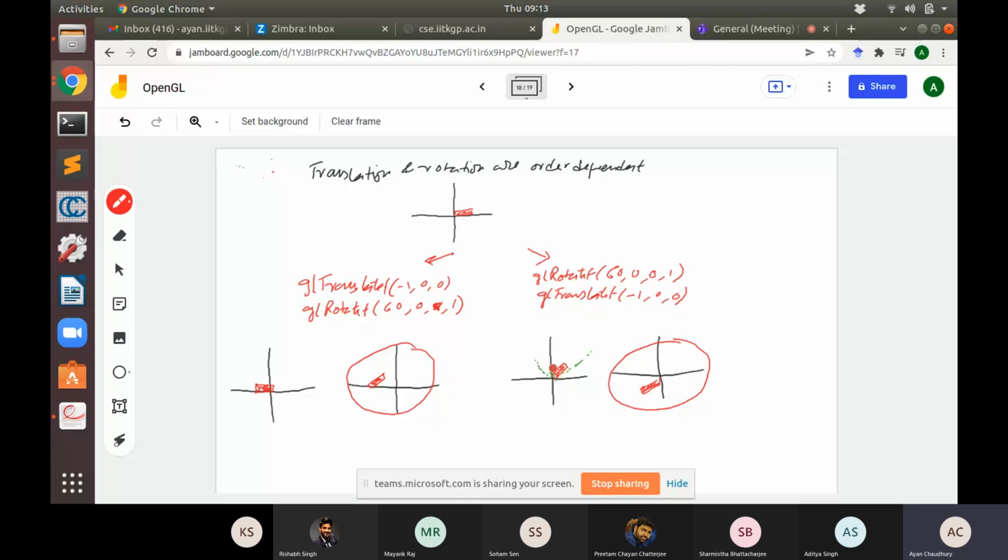Yes. Even for rotation, if you consider rotation from the center, then it's correct. But translation is the same, right? If you translate this part and this part, this is a rigid object. So if this is your object, you move it by 5 amount and you also move it by 5 amount, the shape remains the same, right? There is no change.